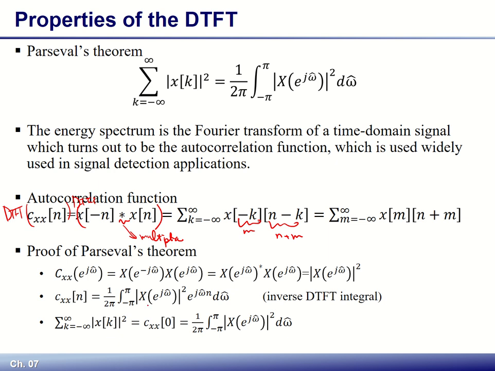So when we put n equal to 0, the left side is here, so it's the sum of x squared, and this is the right side here. When n is 0, the exponential will be 1, so here is 1.